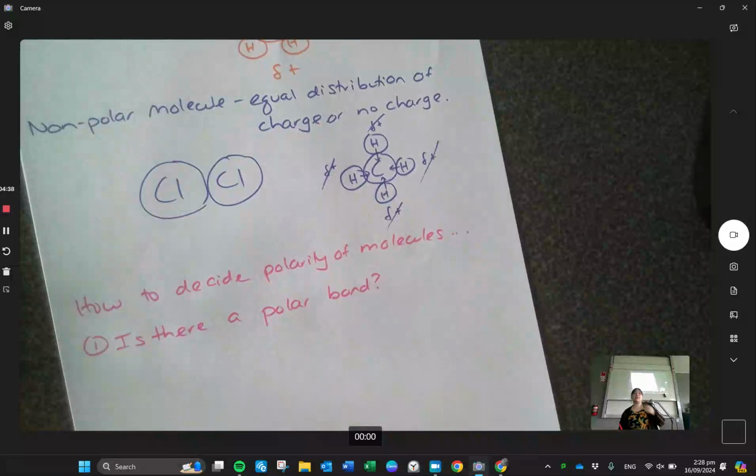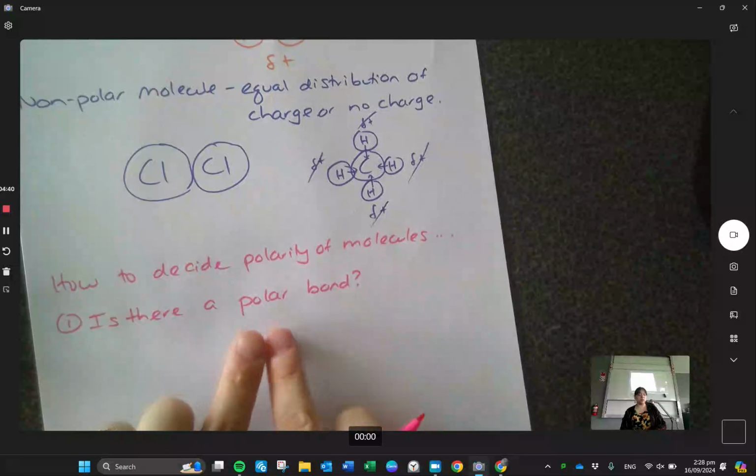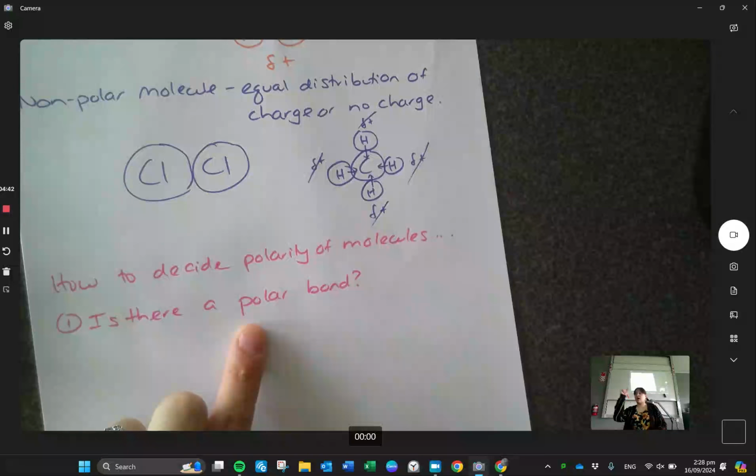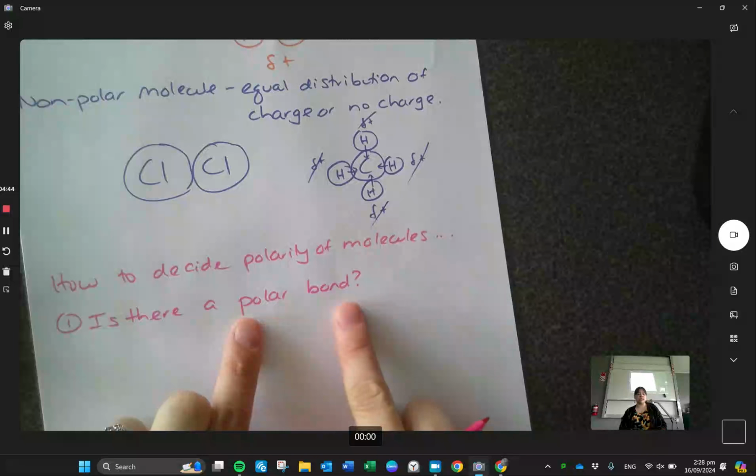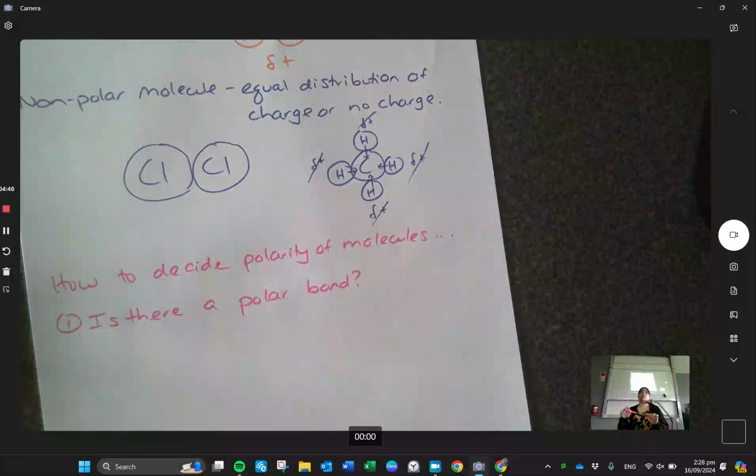So again, we have to be careful in chemistry because we're going to use the word polar in 2 different contexts. We're going to use the word polar in context to the bond, and we're also going to use the word polar in context to the molecule. So just watch out for that.